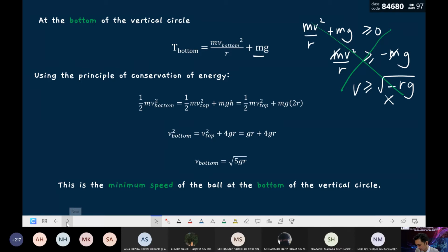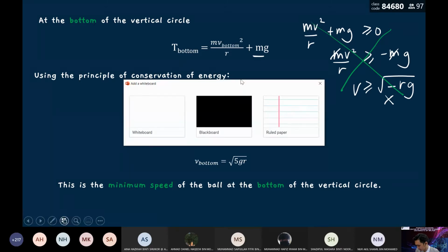Okay, then let me open my blackboard for us to derive this velocity at the bottom. So, I open my slide. Okay, so using the principle of conservation of energy, we have that, let me draw a bit.